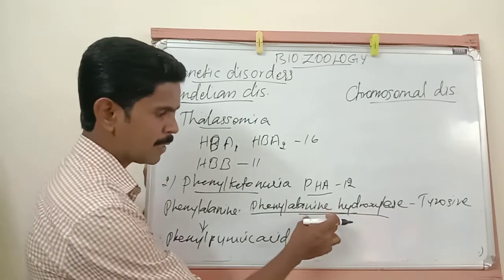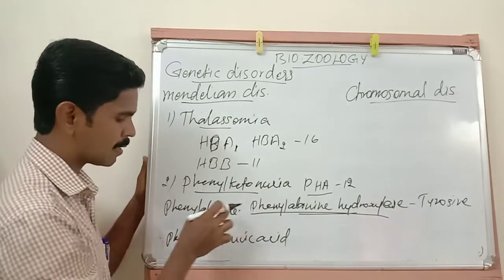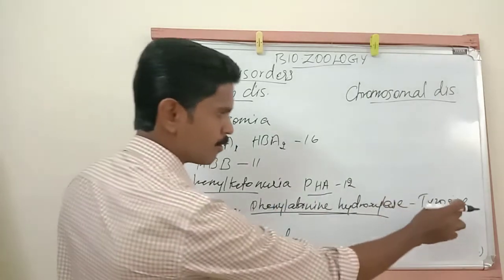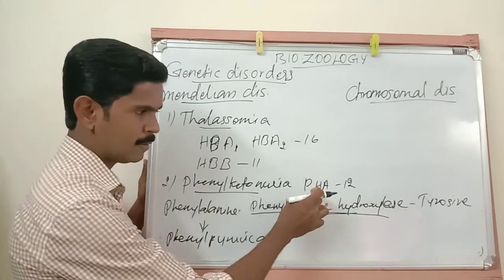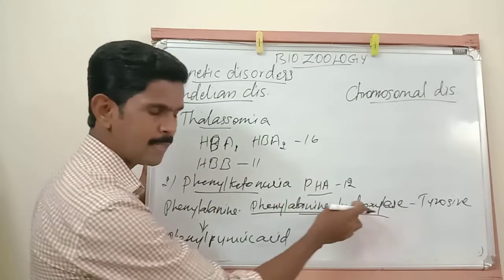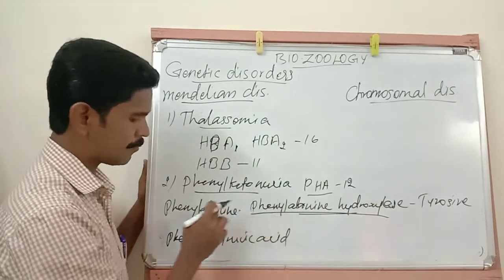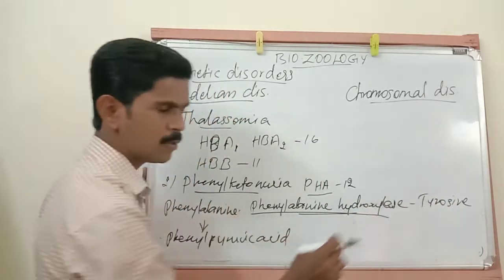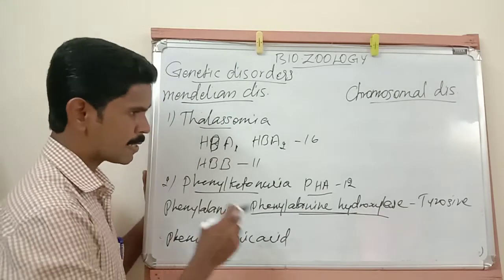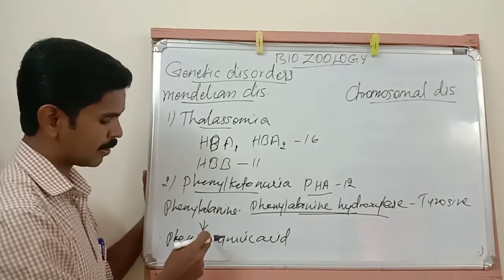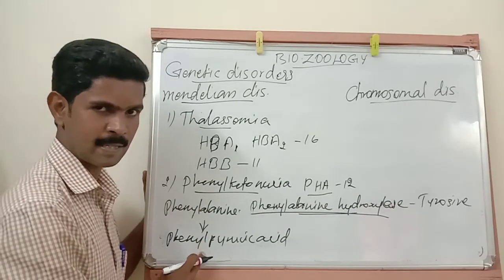The main function of this enzyme is converting phenylalanine into tyrosine. If this gene is involved in mutation, it is unable to produce this enzyme, so phenylalanine is not converted into tyrosine. Instead of tyrosine, phenylalanine is converted into phenylpyruvic acid.